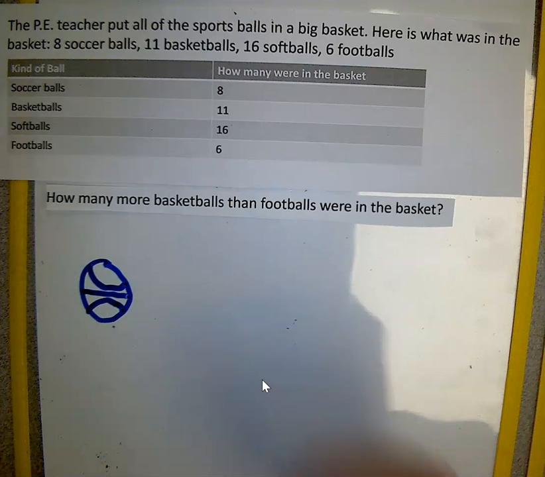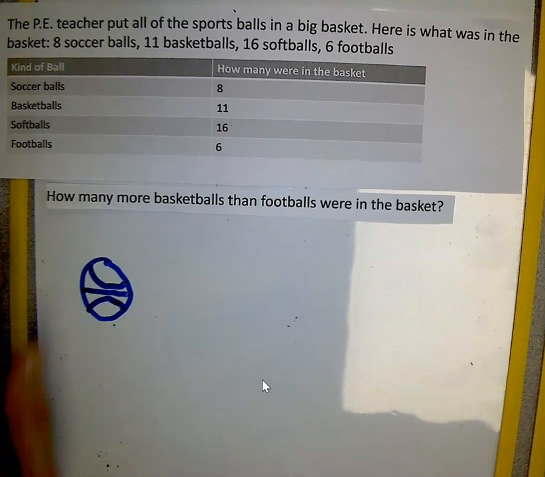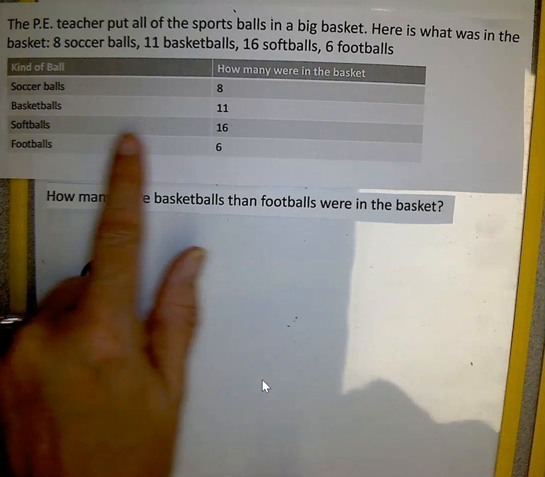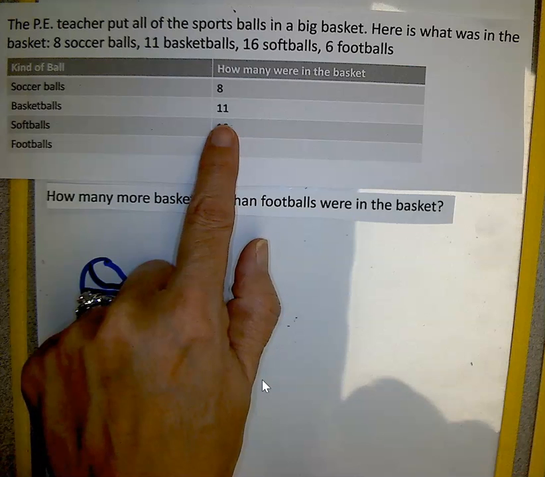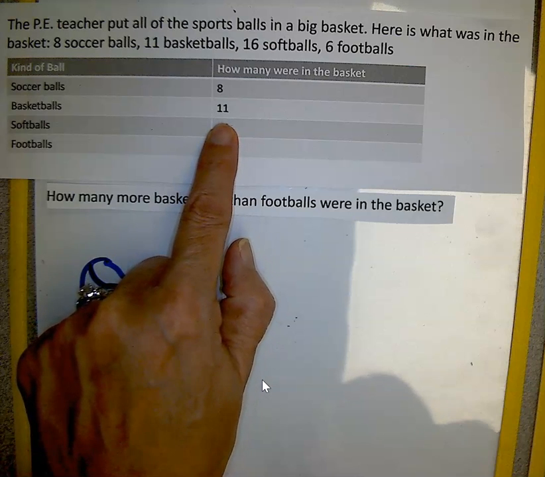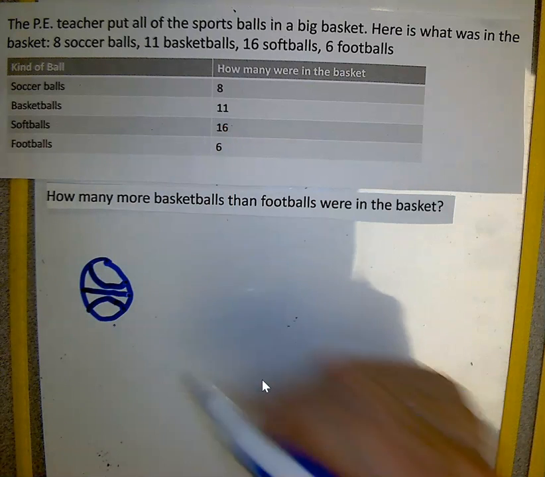I know a basketball kind of looks like that. So, how many basketballs were there? I'm going to look at my chart and go across. And in this column, it tells me how many were in the basket. How many basketballs were in the basket? That's right, there were 11.